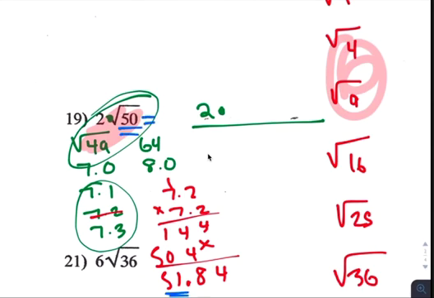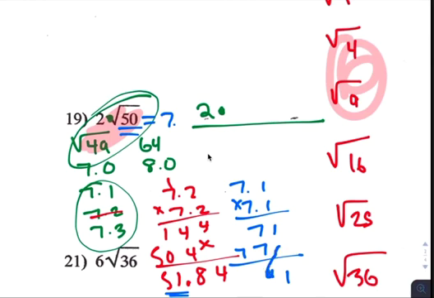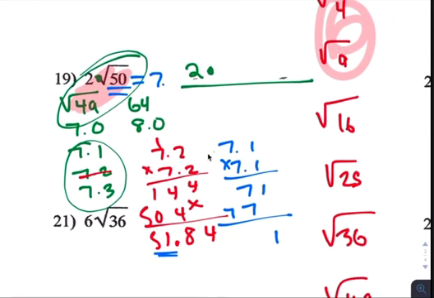So square root of 50 must be 7 point, probably 1. 14 carry 1. That's 49.